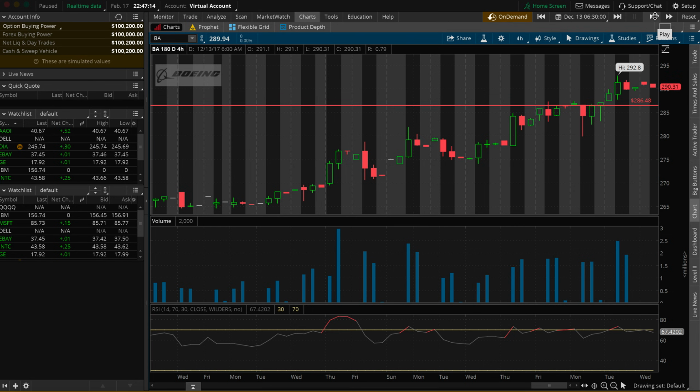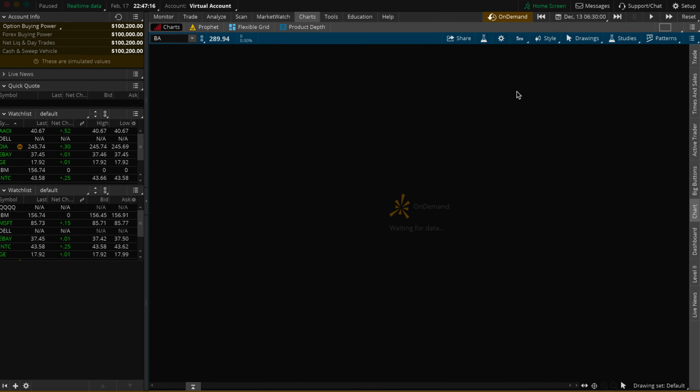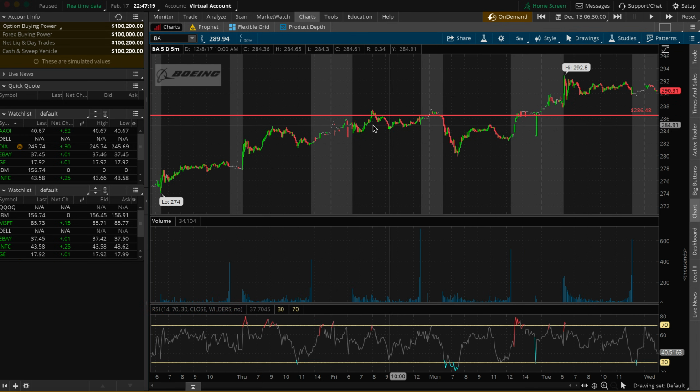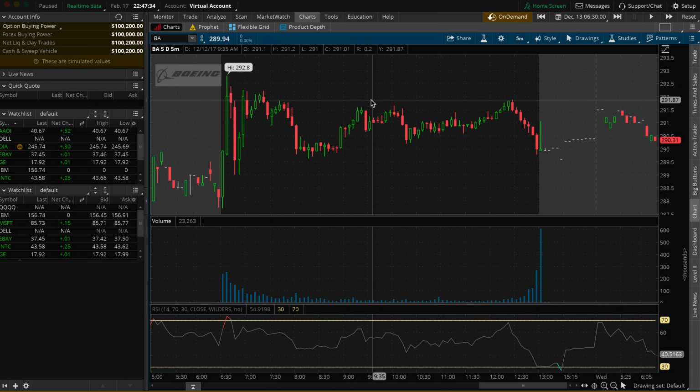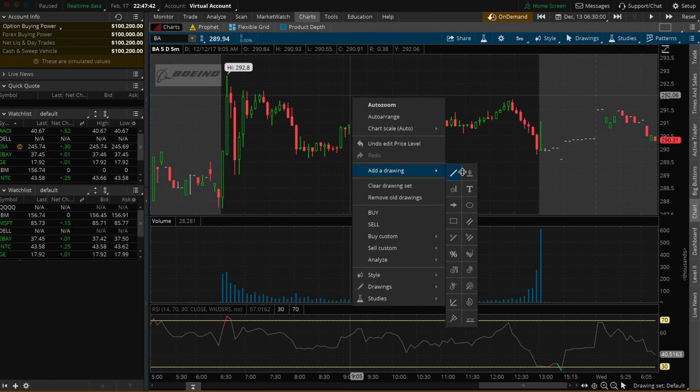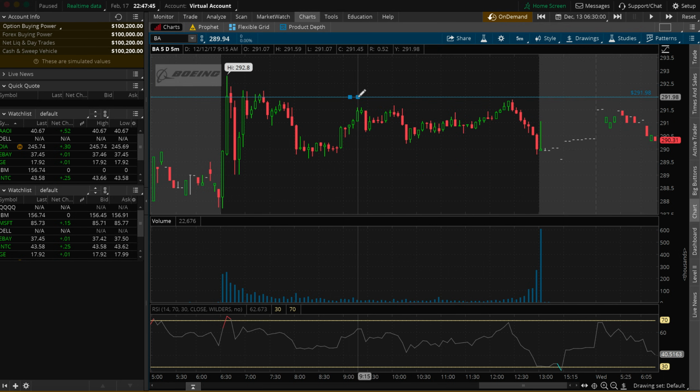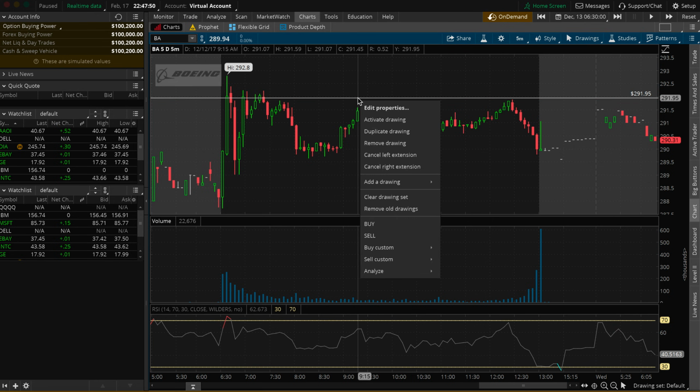So let's go back to our 5-minute and look at there. You can see at the 5-minute, this line gets hit, and then it finally breaks through. And then there's some resistance right here, about this area right there.